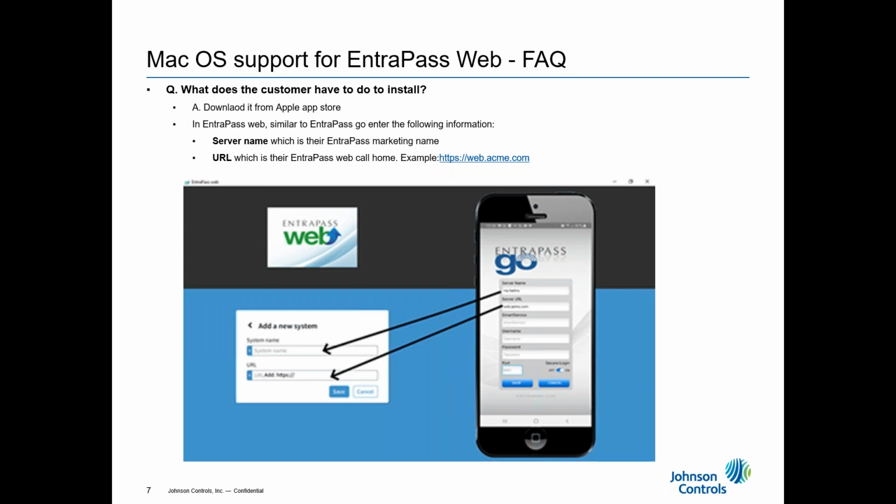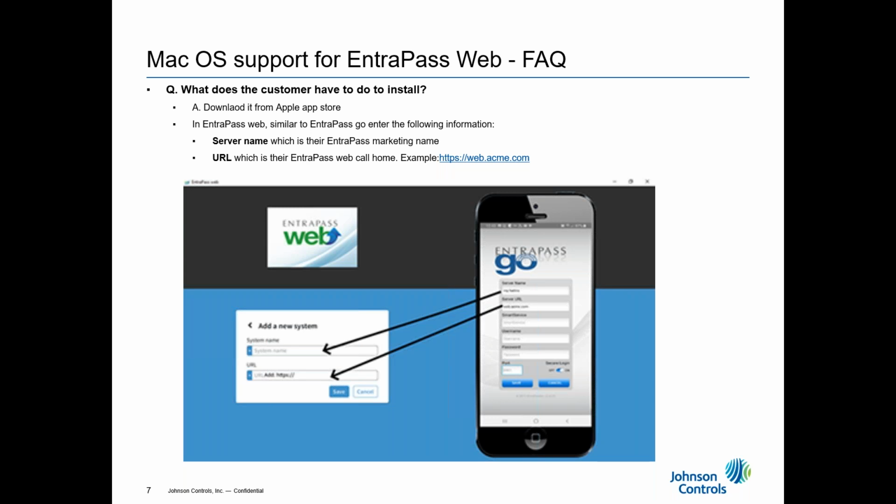And then the server URL, it's the same name as you put inside the EntraPass Go. So if you ever use our mobile app, it's asking for a server name. You put whatever you want, and then the server URL, you put the URL that you wish, which is the same address for your EntraPass Go.